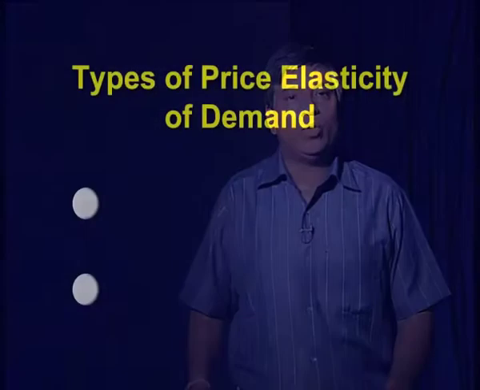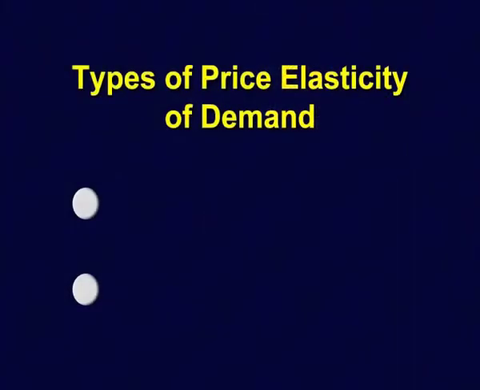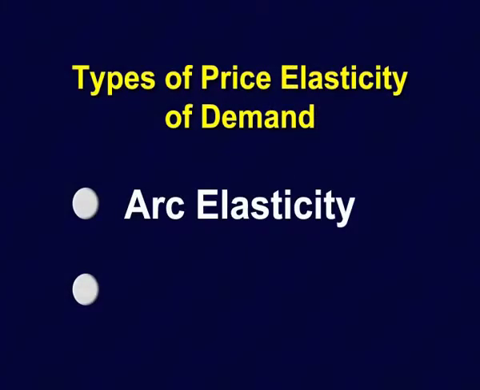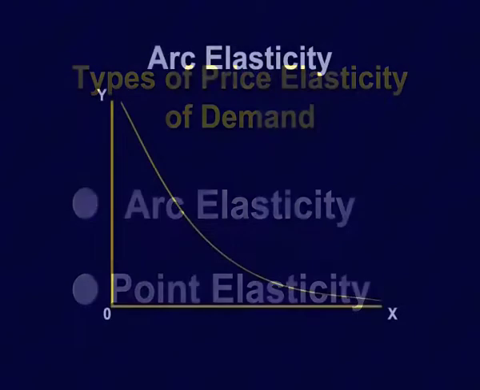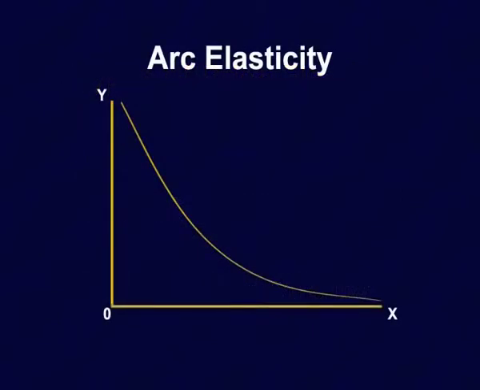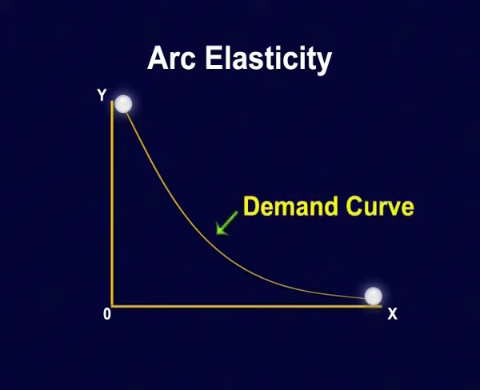Lastly, we want to discuss two more types of price elasticity of demand. One is called arc elasticity, other is called point elasticity. As far as arc elasticity of demand is concerned, it is calculated at two levels of demand curve.